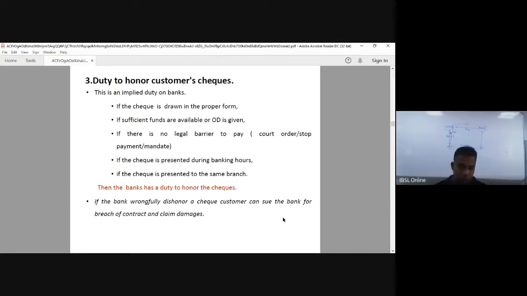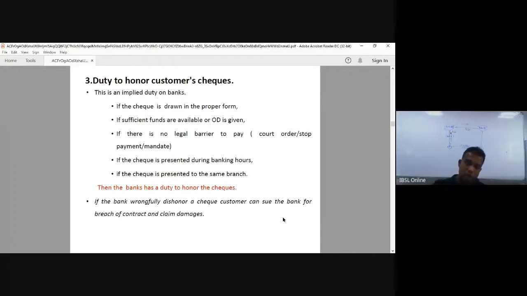Next question, whether the bank can pay the check. Not as a duty, but whether the bank can pay. Yes. In today's context, remember, even though the bank has different branches all over the country, all branches are interconnected via a computer system.